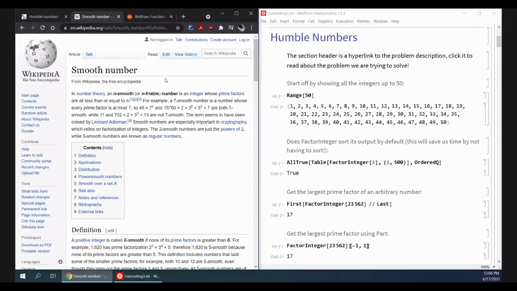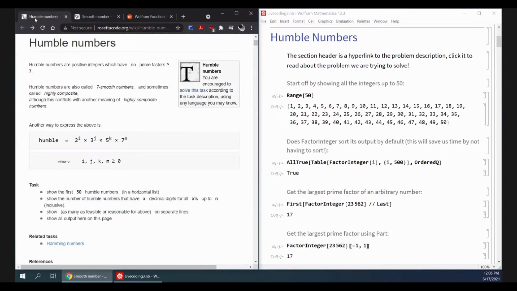So we wanted to make a function that tests whether an integer is smooth with respect to some prime number. So maybe we'll call it SmoothIntegerQ or something like that. Yeah, and so a 7 smooth number is what we solved as a humble number. Exactly. On Monday, we were solving for 7 smooth, aka humble numbers.